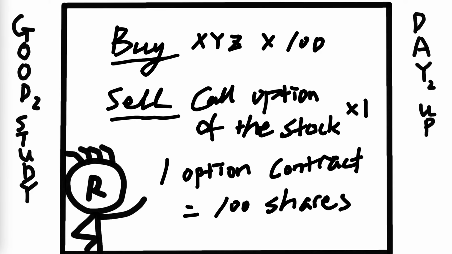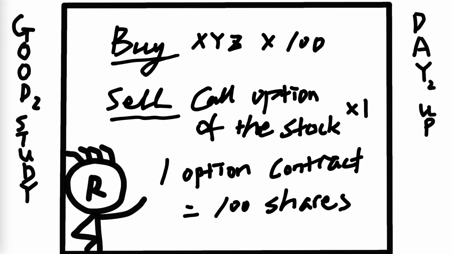The structure of this strategy has two components. First, you need to own the underlying asset. Second, you sell the call option on the same asset. For example, you can buy 100 shares of company XYZ and sell one call option contract on the same stock at the same time.